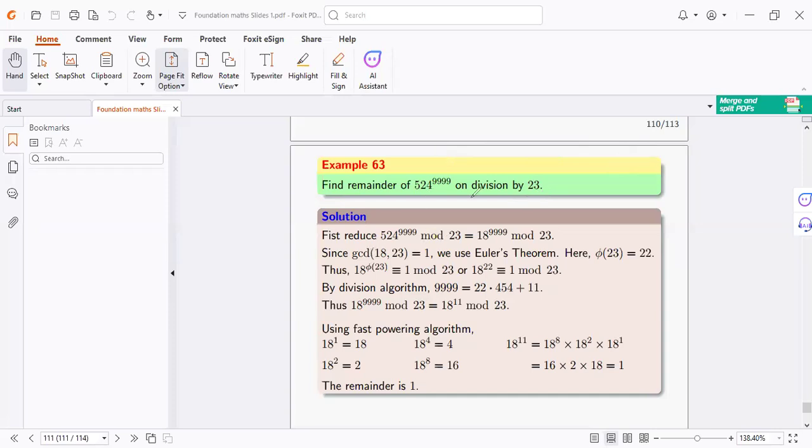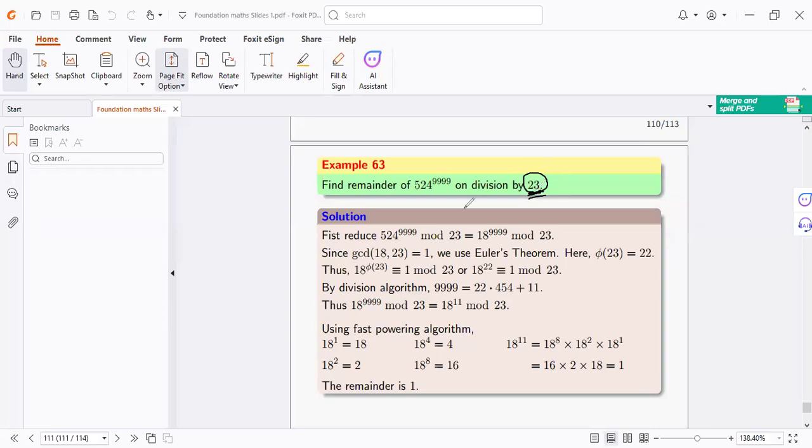Find the remainder on division by 23. So if you have an algorithm, you check if this number is prime. If the number is too huge it's harder, but for this one, it's a smaller number, I can see it's a prime.